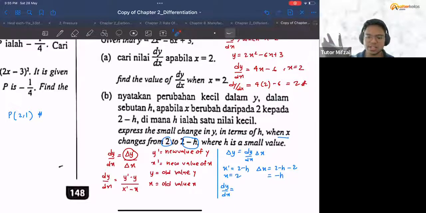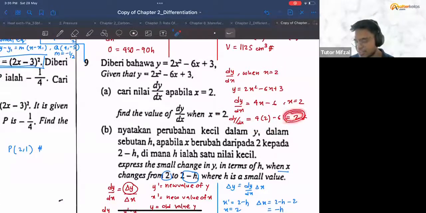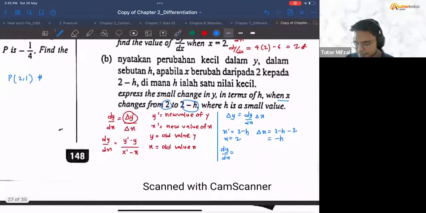You take the equation, differentiate it, and then substitute the old value of x. But do we need to find dy over dx? Yes, we already found dy over dx here, so you just take the value from above. So dy over dx is equivalent to 2.